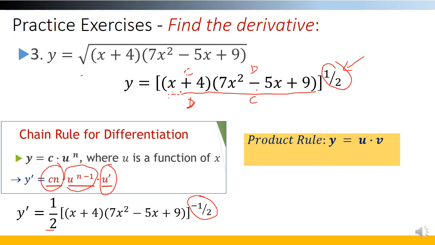Derivative of x plus 4 is 1. Derivative of this one is 14x minus 5 para ready na yung pag-differentiate natin, no? Pagkuha natin ng product. Okay? So, ang i-pair natin will be this. Okay? So, ayun siya. Ayun siya. Okay? Let me erase my writings. Since it's already in animation, nag-animate na siya.